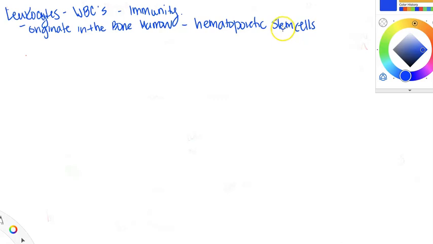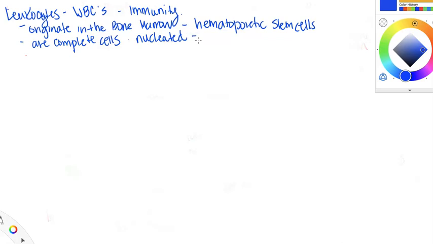So again, a stem cell is just a generalized cell that can differentiate itself into another type of cell. So the hematopoietic stem cells can also differentiate into the different types of white blood cells. These cells are complete cells, so they have all the organelles, the nucleus, and all that.